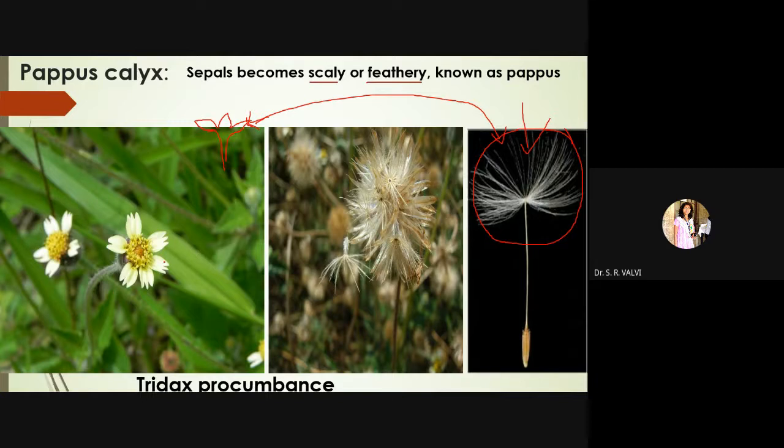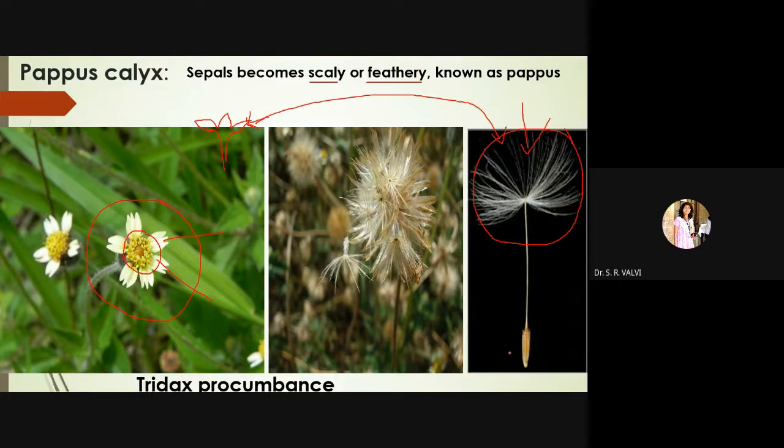Now if you look at this flower, it looks similar to a sunflower. These are the ray florets, and the flowers present on the disc are called disc florets. Very small florets are present.